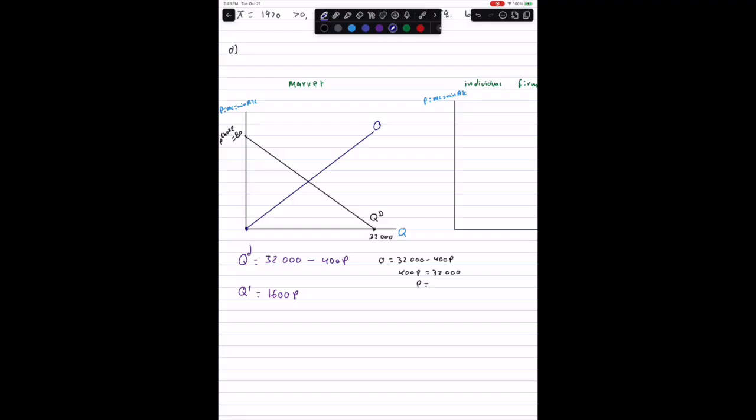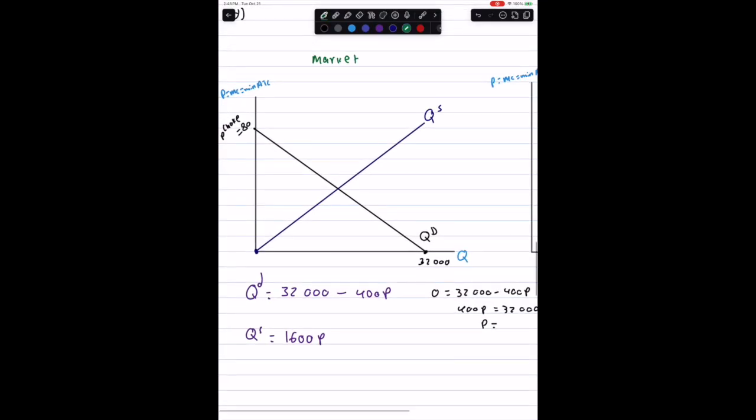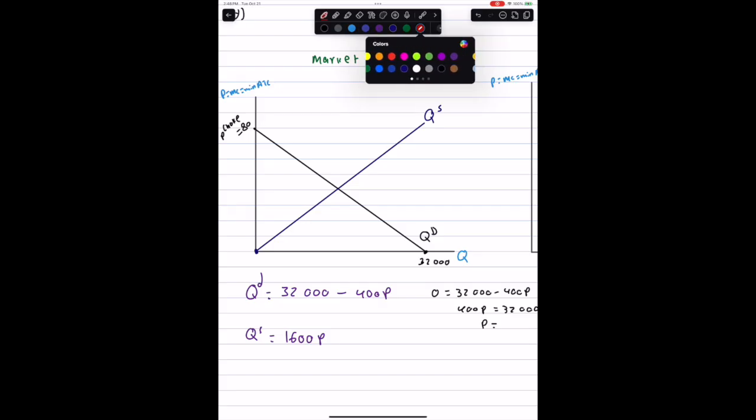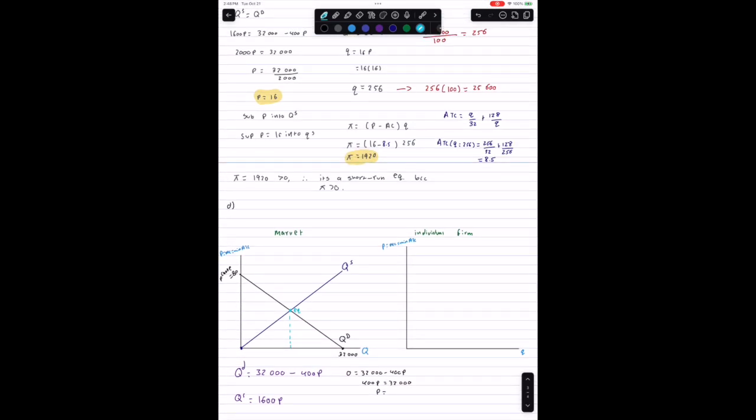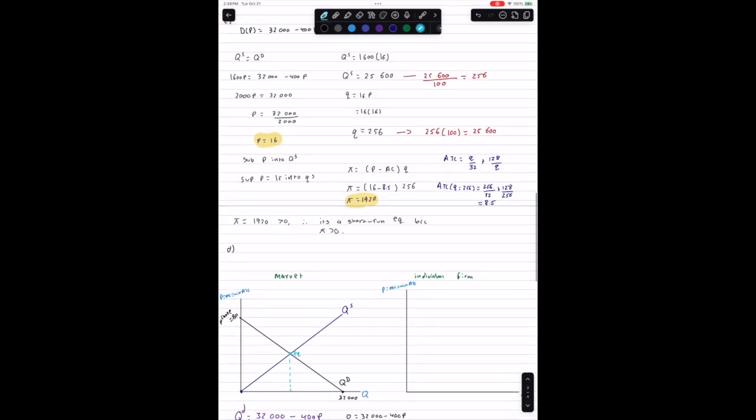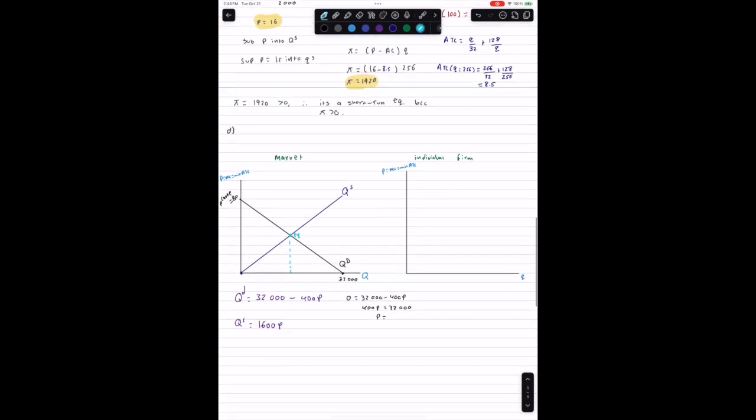And we know this is our quantity supply function. We know we're going to have our equilibrium in the middle. Let me just get a brighter color. We know this is our equilibrium. We know in the market, equilibrium supply is equal to 25,600, right?